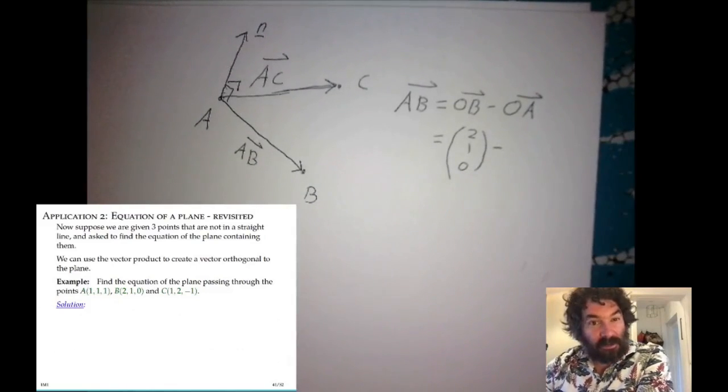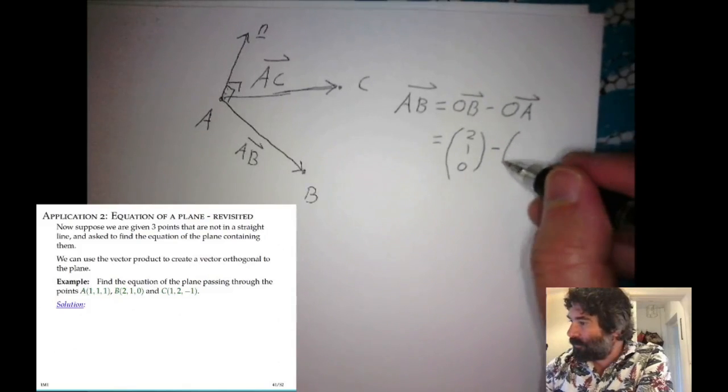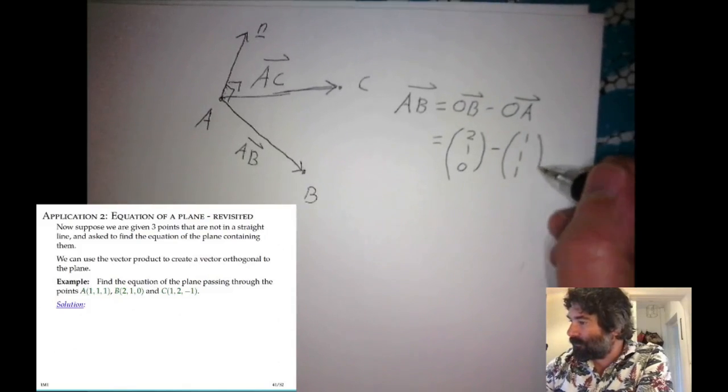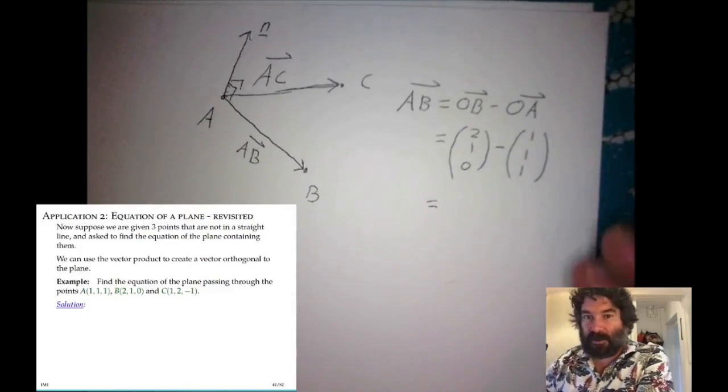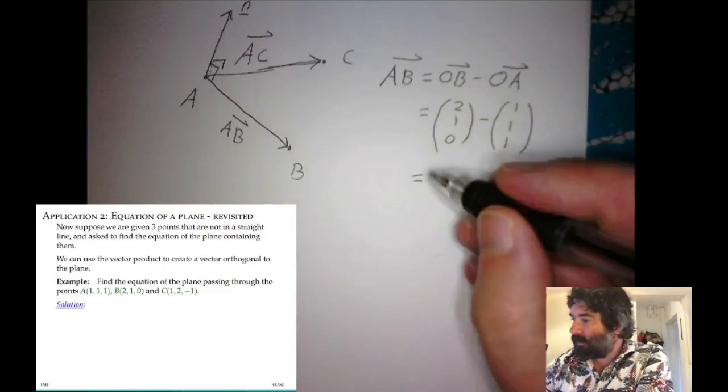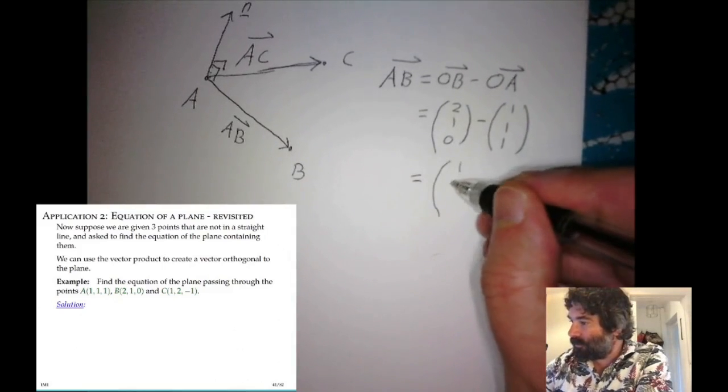The position vector for A is the coordinates of the point A, 1, 1, 1. So if we subtract these, we have the vector from A to B given by 1, 0, negative 1.